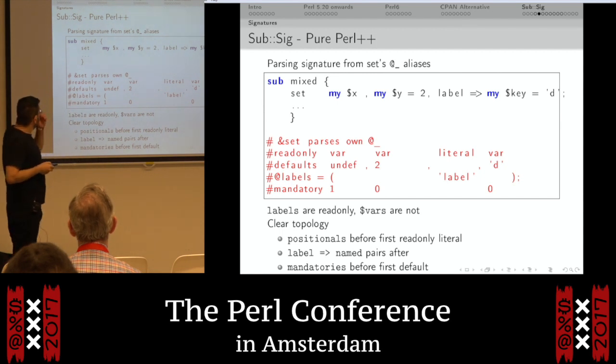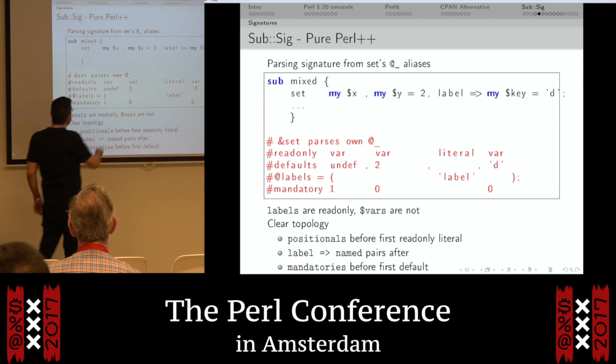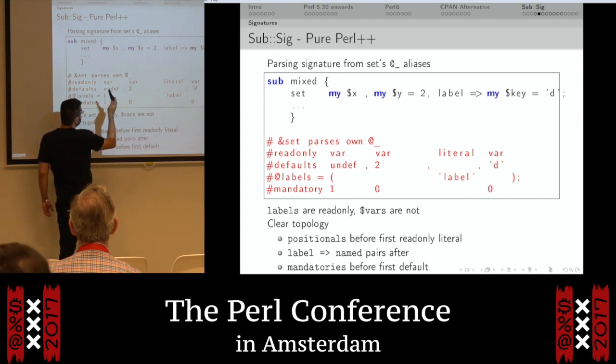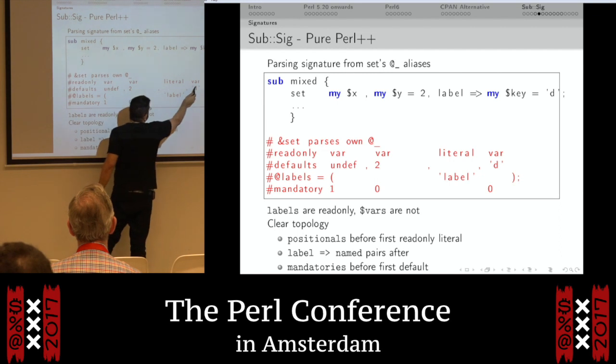Then it sees the defaults, because these variable declarations pass the values into set, and it's available in @_. So it sees the first one has no default, the second one has a default. So undef means no default. And the fourth one has a default.